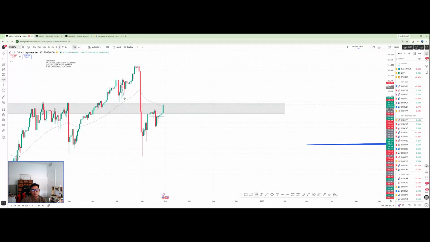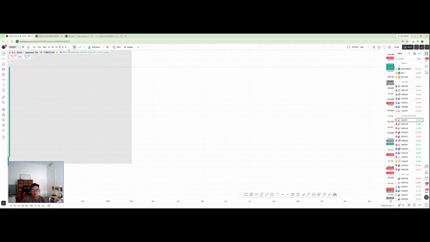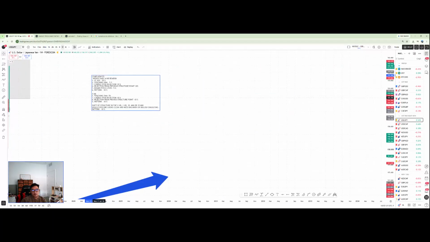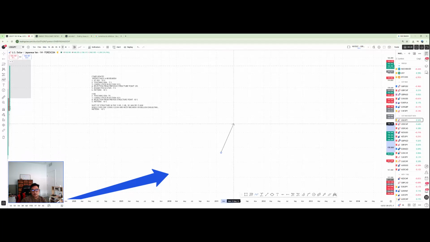That's going to be a good example of the structure point. So let's say here, price is trending up now. If we have this rejection here on the structure point, then to continue to go up, that's going to be your structure point. Structure point meaning the recent price, let's say something like that. This is the structure point.